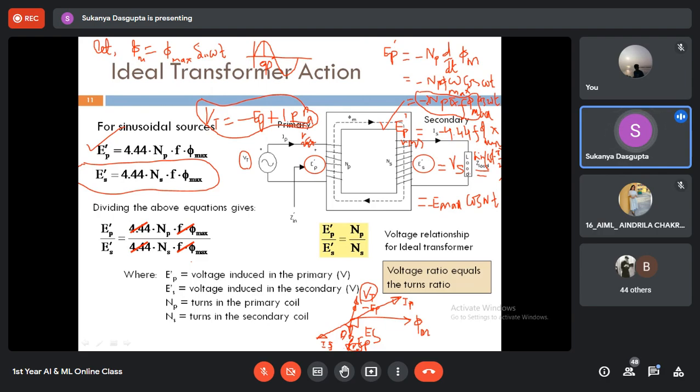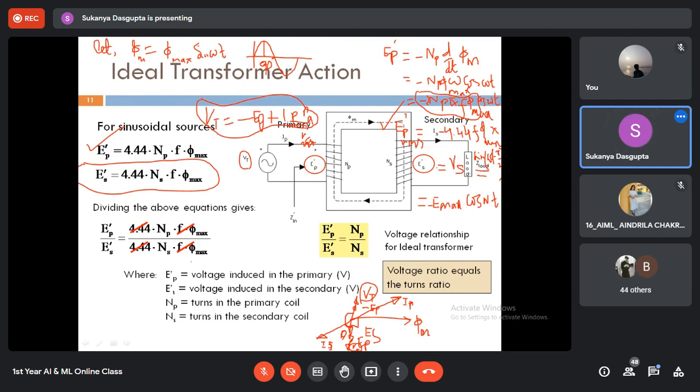The relationship between Vs and Vp. Vs is making an angle of 180 degrees with the vector Vp. Vp is the input AC voltage, and Vs is the output AC voltage. So for an ideal transformer, there is exactly 180 degrees between these two, which is not possible in a real, practical transformer.